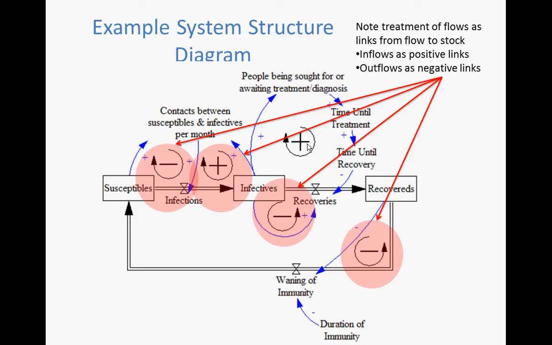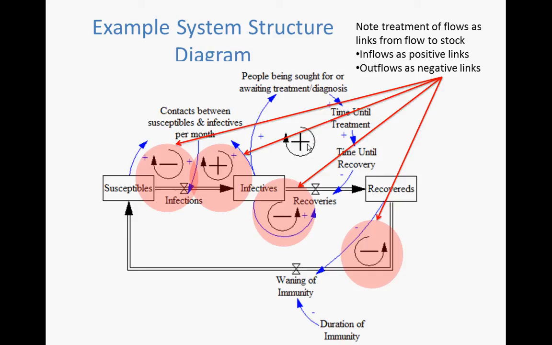So we're trying to figure out the polarity from recoveries on the one hand. Conceptually, there's a link between recoveries on the one hand and infectives on the other. If we diagram this in a causal link sort of way, as we increase the number of recoveries, would the number of infectious individuals go down or up compared to the value it would have had?